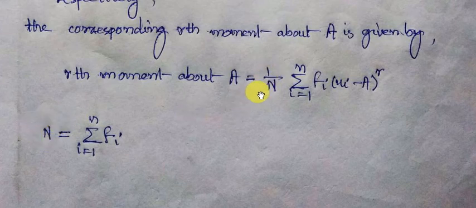I have written here the rth moment about A equal to 1 by capital N, the total number of observations, into summation over i equal to 1 to n, fi, the frequency of the respective observation xi, into xi minus A whole to the power r. This is basically the definition of the rth moment, when the set of observations has some frequencies.